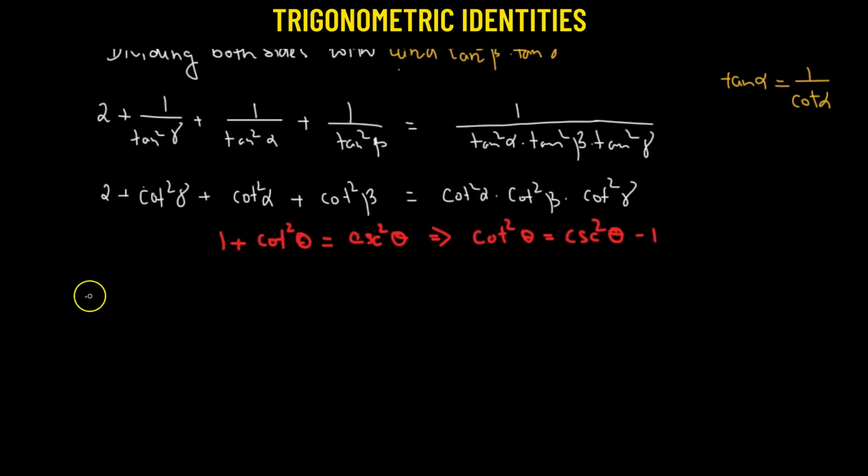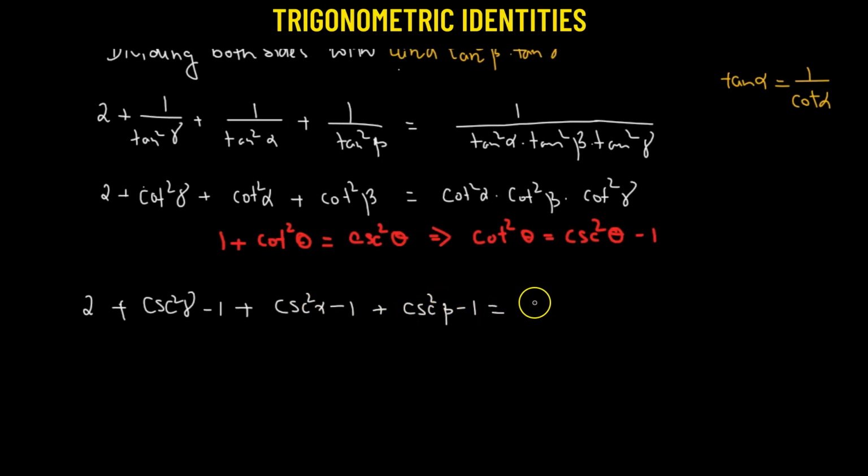So our first term remains as 2. Then cotangent squared gamma will become cosecant squared gamma minus 1, plus cotangent squared alpha will become cosecant squared alpha minus 1, plus cotangent squared beta will become cosecant squared beta minus 1.